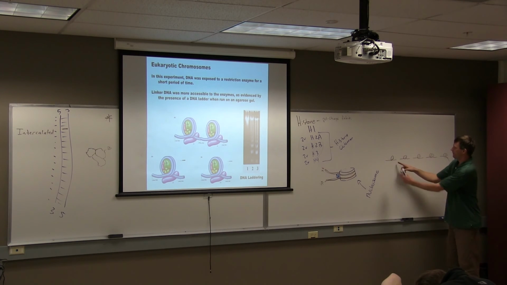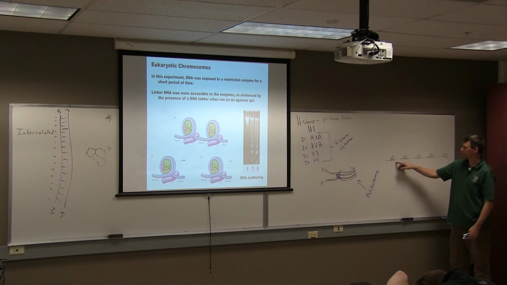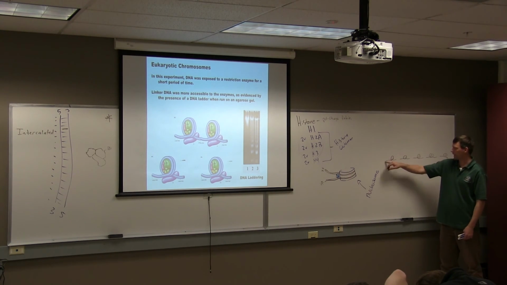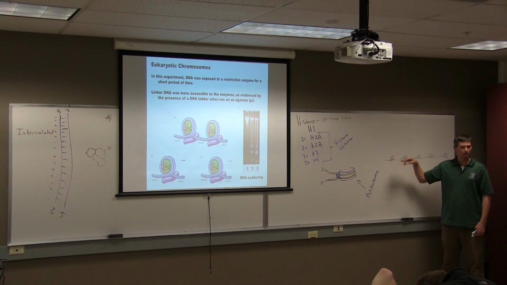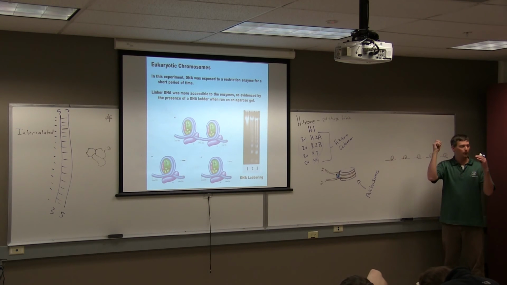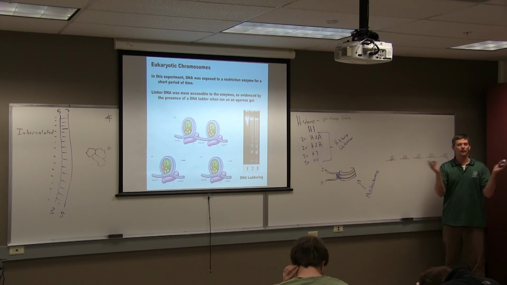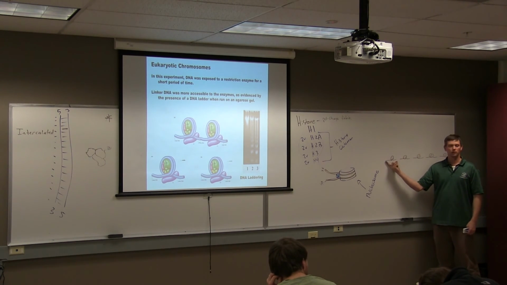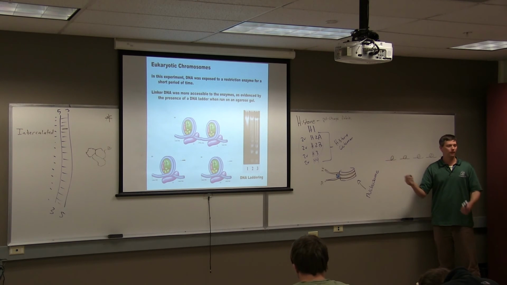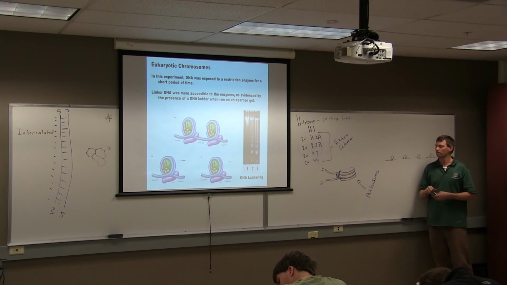So the length of this DNA wrapped twice around here is about half of this linker region, half of this linker region, plus this amount of DNA. So if I put the restriction enzyme in there, I could cut that DNA into about 250 to 300 base pair size pieces. And all the DNA would be that size.